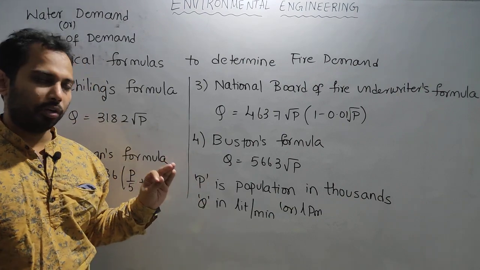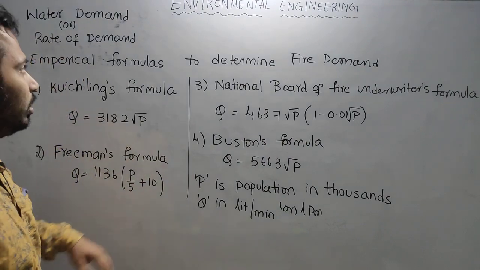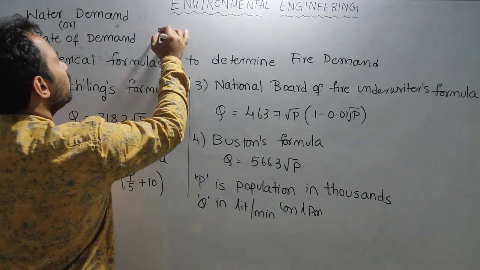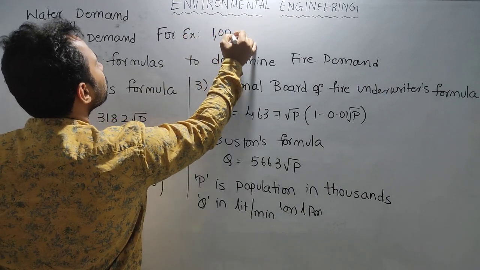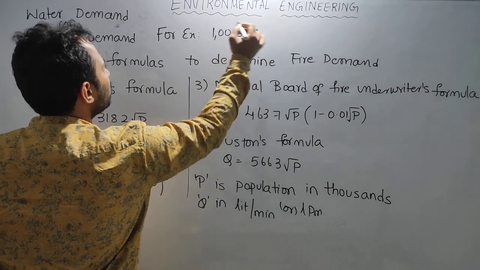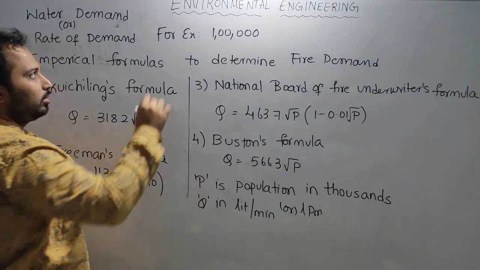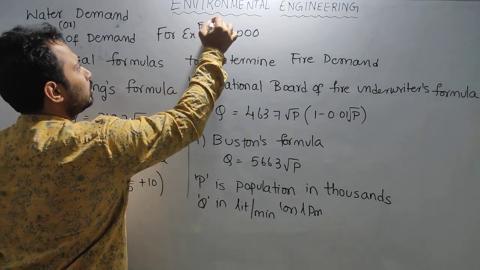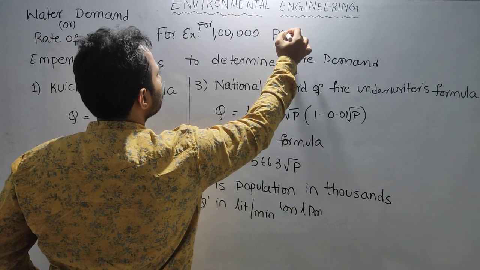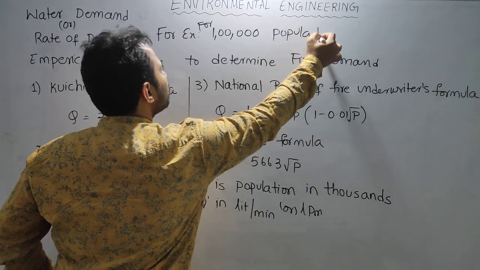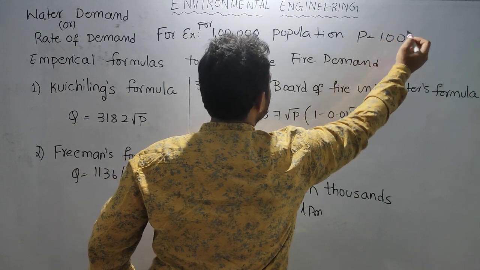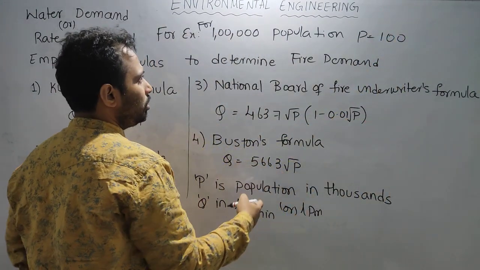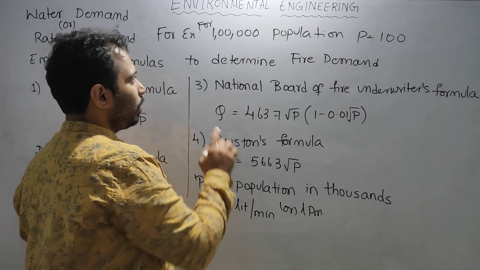The population you need to substitute in thousands. For example, if the population is given as 1 lakh, then P is equal to 100 thousands. So here P is equal to 100, not 1 lakh.